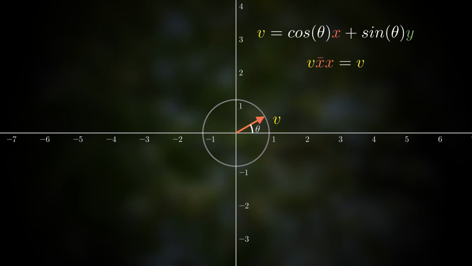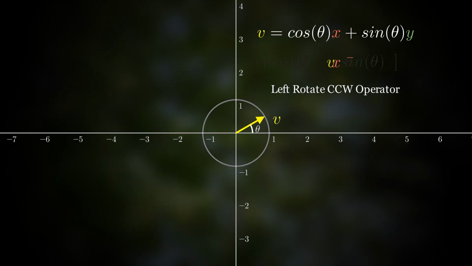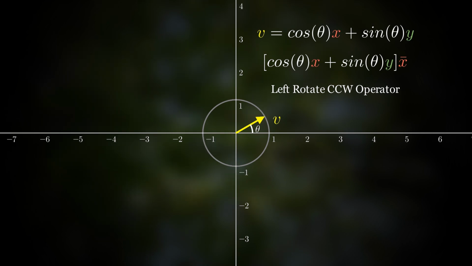x is destroyed with x bar, and we are left with v. This is pretty standard stuff by now. We see that v x bar is the left rotate counterclockwise operator. Now let's expand the v term to get cos theta x plus sin theta y, all multiplied by x bar.